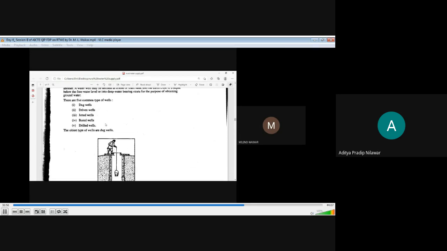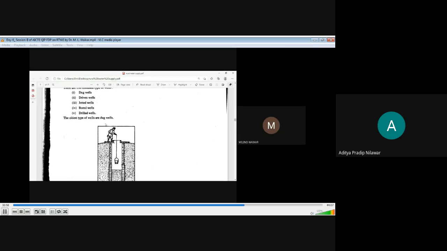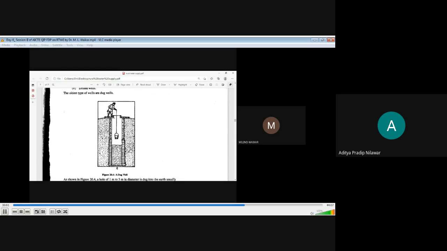The oldest type is dug well. That is how the dug well looks like. Diameter can be 1 or 2 meter, and from the top, say 15 or 20 meter, it can be constructed, and below that it is left unlined. Why is it 15 to 20 meter? Because we believe that the groundwater table depth from the ground level may be around 15 to 20 meter.